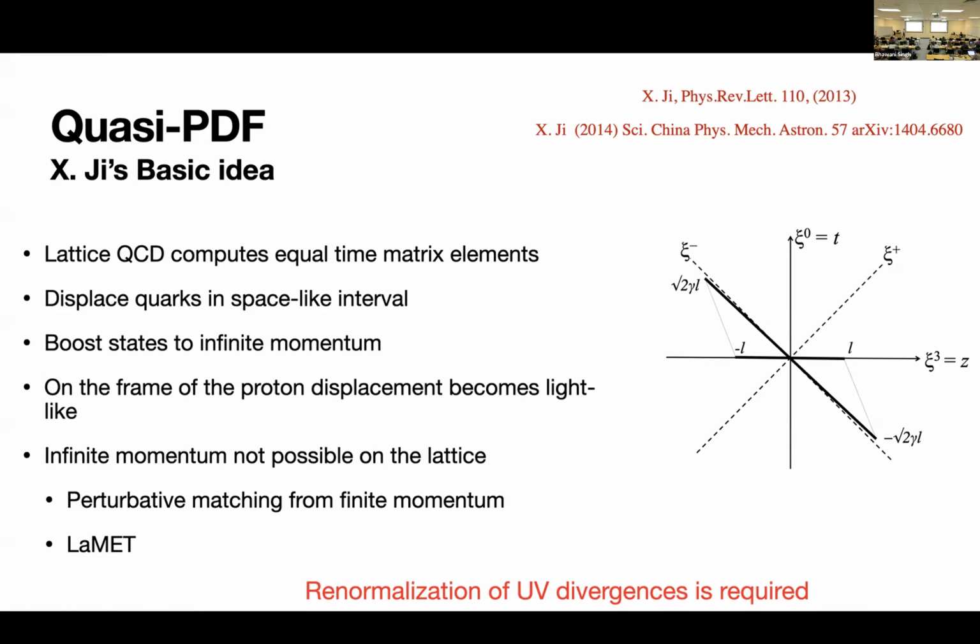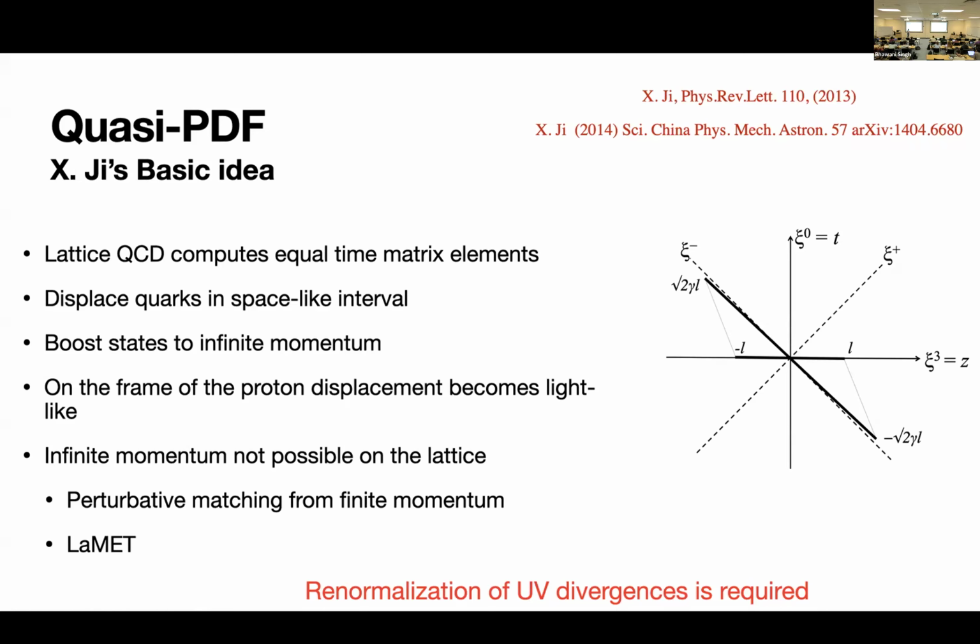So the basic idea comes from Xiangdong Ji, where he realized that if you have a space-like separation of a segment, which you write down on your lattice, and you compute a matrix element in a proton, but now a proton that has a very high momentum.